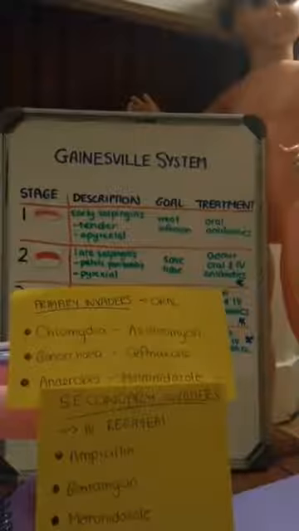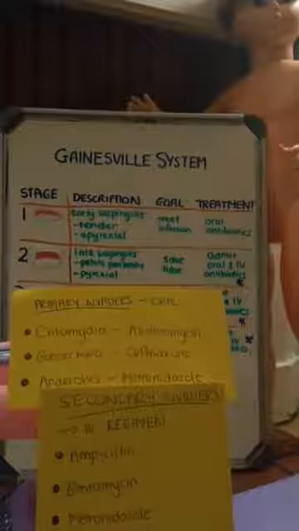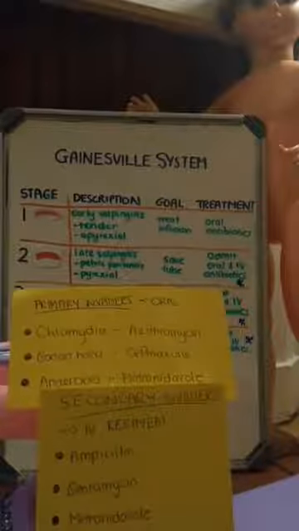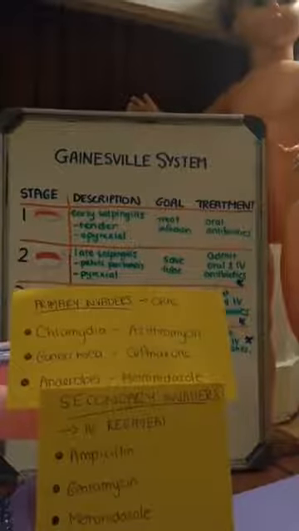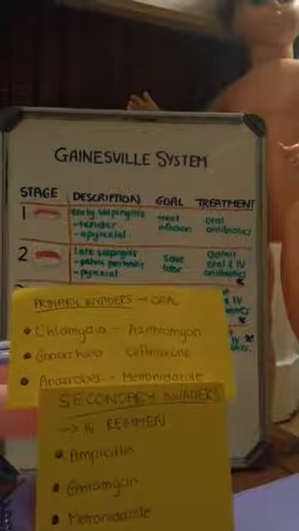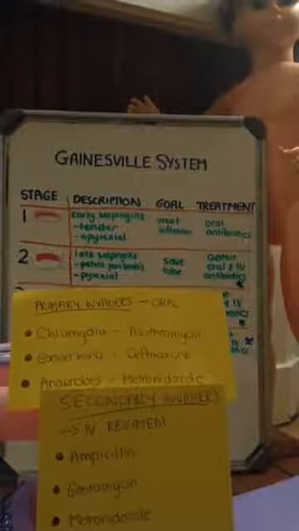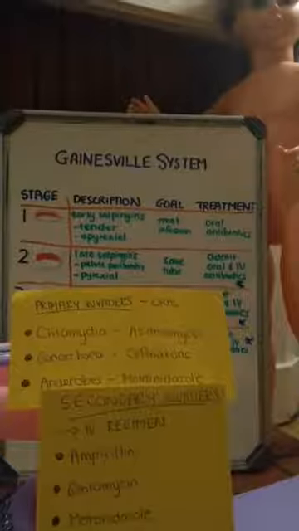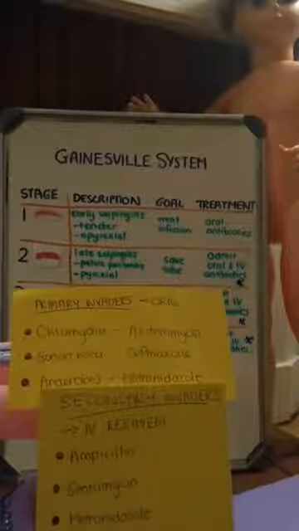So the primary invaders, which are chlamydia, gonorrhea, and anaerobes in most cases, although we discussed that it is polymicrobial and there may be other organisms that are primary invaders, for example, Mycoplasma genitalium. Those primary invaders are treated by azithromycin, ceftriaxone, and metronidazole.